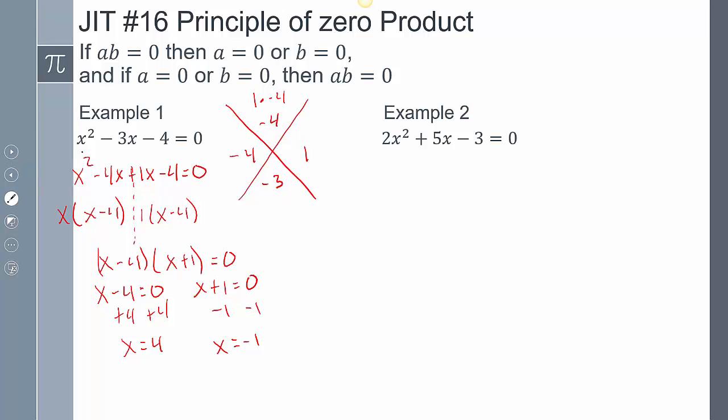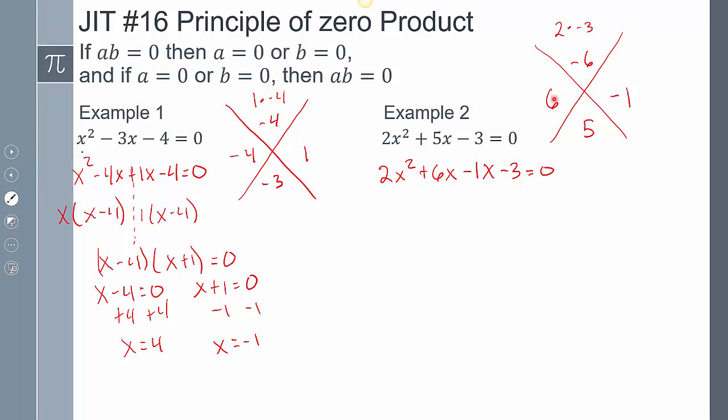Now on example number 2, for this one here, factor it. A times c is going to go on the top, b is going to go on the bottom. And so what times what is going to give me -6 that's going to add to 5? And so I can break this 5x apart into a positive 6x and this -1x.